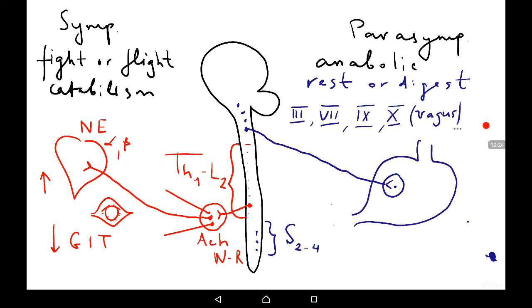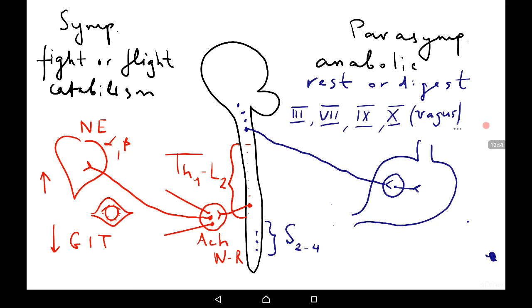So for example, this is the stomach, and ganglion is located maybe inside the organ. Therefore we may call such ganglions intraorganic or intramural. Mural is a wall of an organ. So the ganglions are paraorganic, close to an organ, and postganglionic nerve fibers are short.